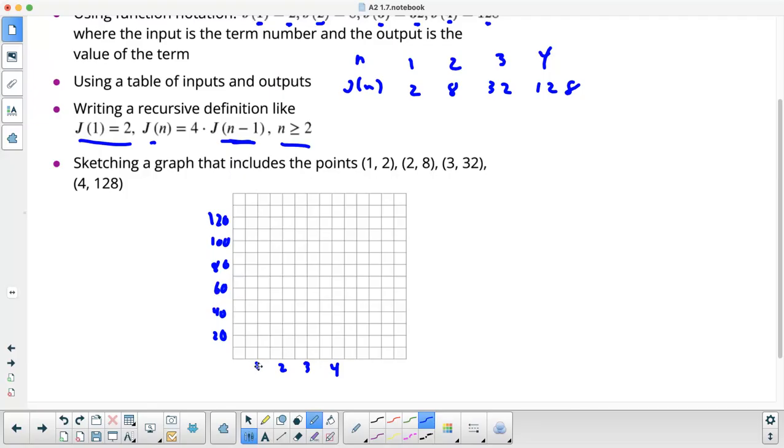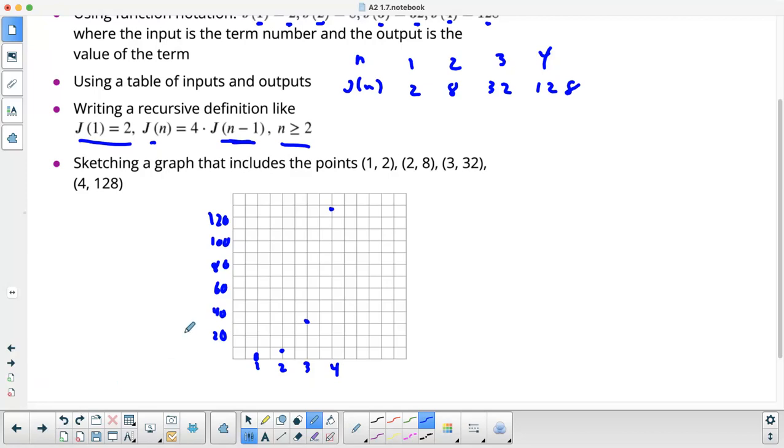All right, first term is at 2, so it's way down here. Second term is at 8, so just a little bit below 10. Third term's at 32, so it's right about there. And the fourth term's way up here at 128. So there we go. We got that nice little curve, growth function, because it's geometric.